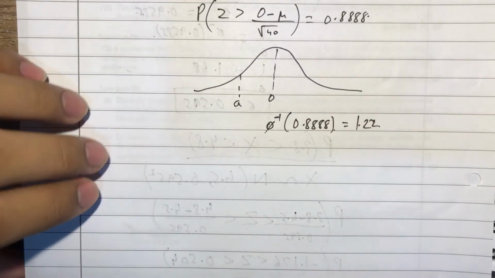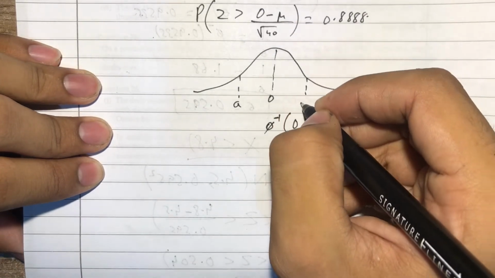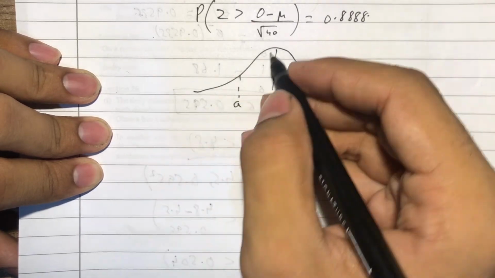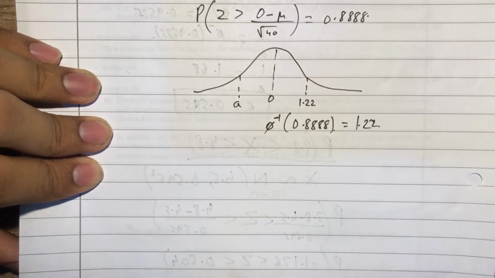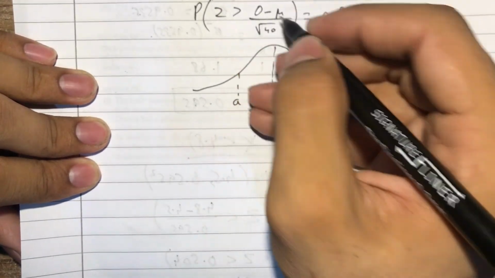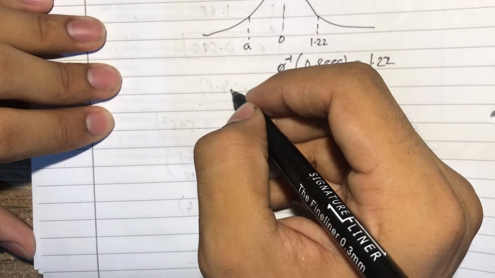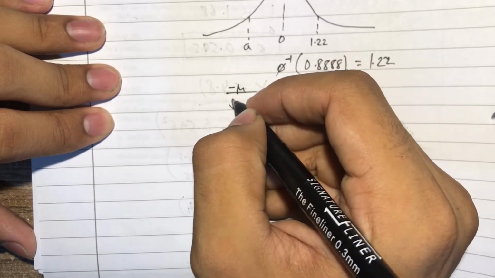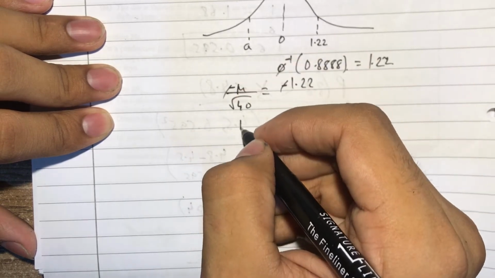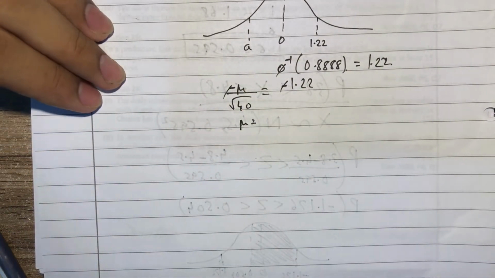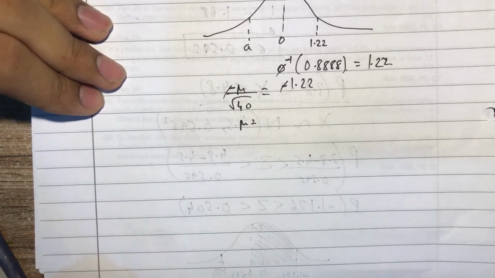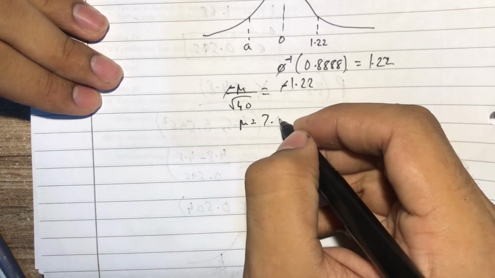So 1.22 is basically over here, and this whole region has probability 0.8888. So that means that this, that is A, should be equal to negative 1.22. Negative mu upon root 40 should be equal to negative 1.22. Mu is equal to 7.72.